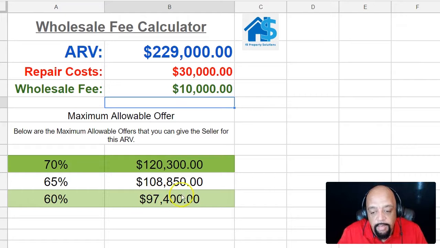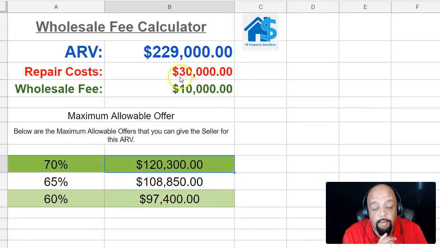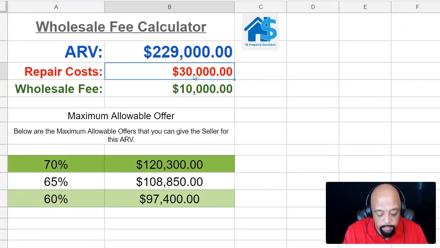Or you might, and the beauty of this is, I can literally see what I'm going to sell the contract at. I know I get it at 97,000. I know I can sell it at 120,000 because you've already built in the repair costs. Now one of the great things is, a lot of times, they'll buy it at more than 130 because I'm determining this to be at 30,000, but it may be at 15,000.